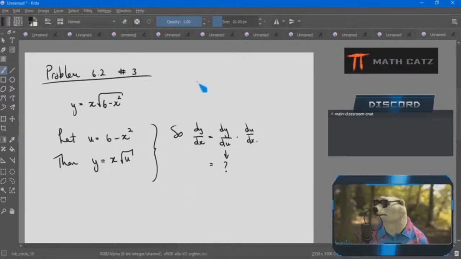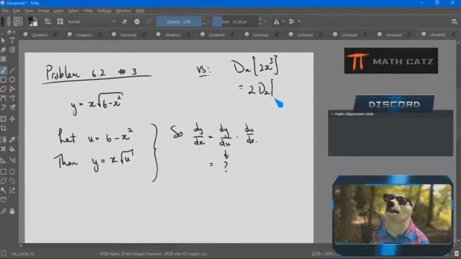I need to, just like if I compare it to this. Technically speaking, the power rule is not happening first. It's not ready for the power rule. I need to first isolate the portion that the power rule is going to work on.